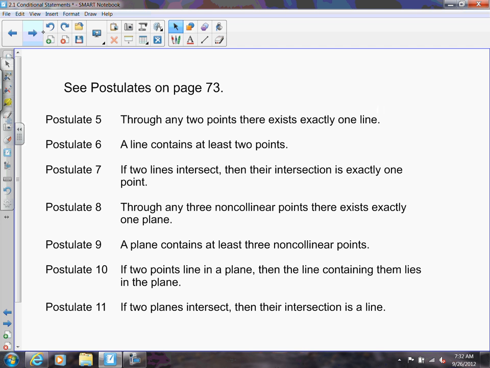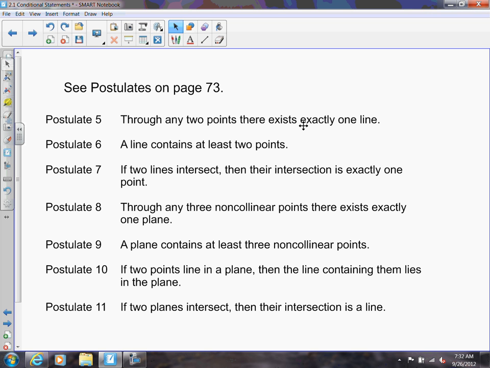Okay, we'll try to hurry up here. Here's a list of a bunch of postulates. You'll want to read through these, and make sure you understand them a little bit. You can hit pause and write them into your notes if you want. Remember, a postulate is just kind of an accepted statement. In other types of geometries, they'll throw out some of these postulates, and you get a whole different set of rules.